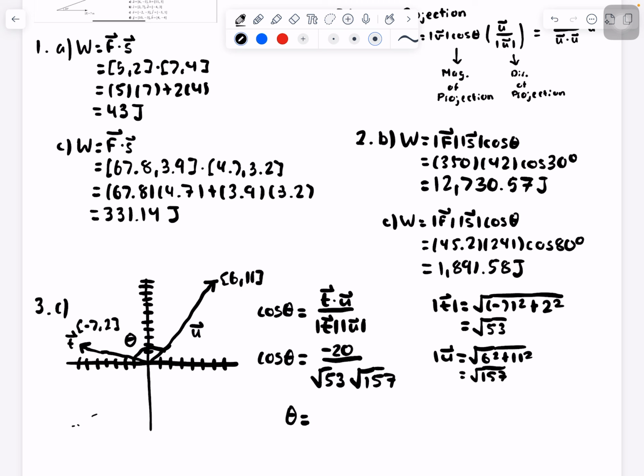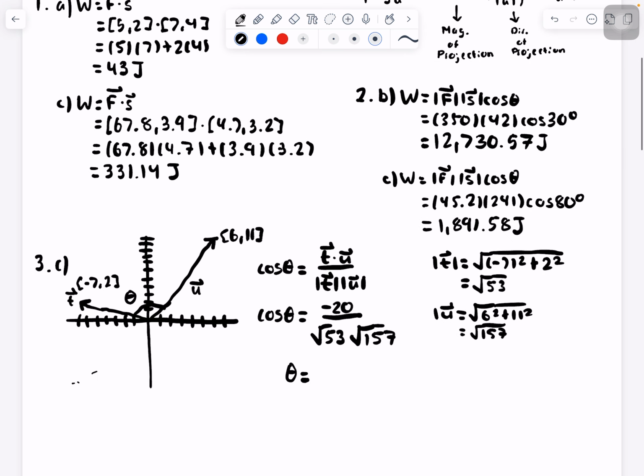Cosine inverse of negative 20 divided by square root of 53 times square root of 157. We get 102.66 degrees. Nice.